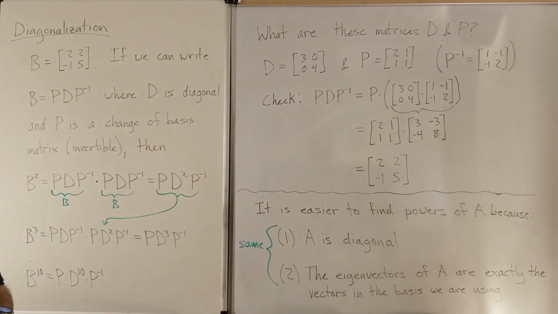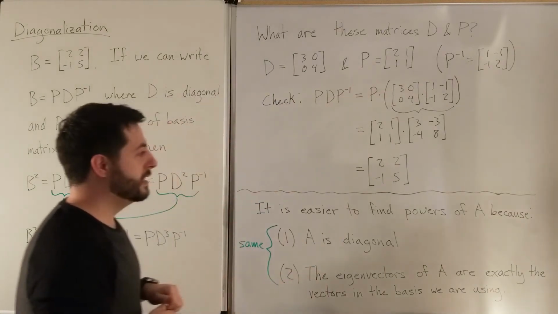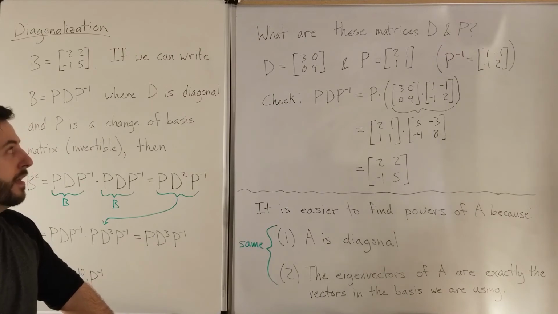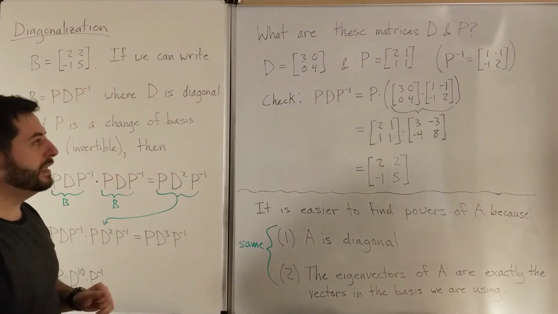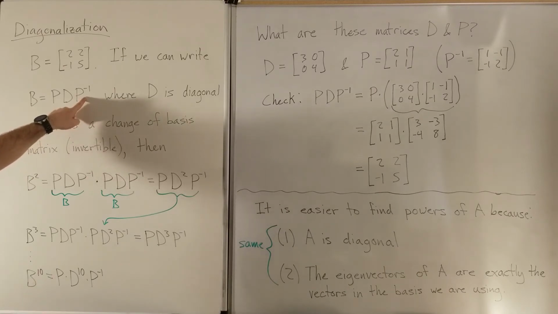So what we need to do is make P the change of basis matrix to go from the standard basis that we were in before, that B is written in, and the first thing needs to be switching from the standard basis into this eigenbasis, and that's what this P inverse does.